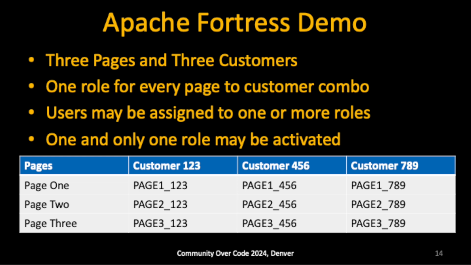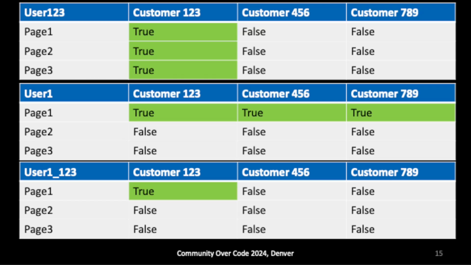So for every page-to-customer combination, we create a role. In order to hit page 1 for customer 1, 2, 3, you have to activate the page 1, 1, 2, 3 role. And then I put a dynamic constraint between all those roles. You can only activate one at a time. So you get a truth table like this, where based on these combinations, you can do different things.